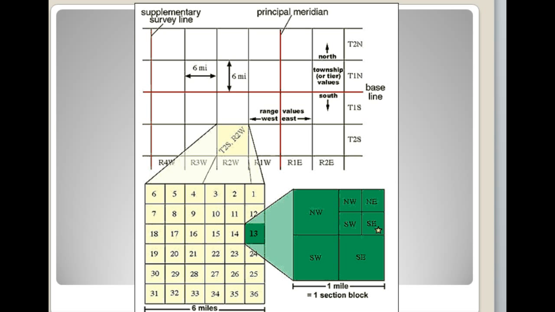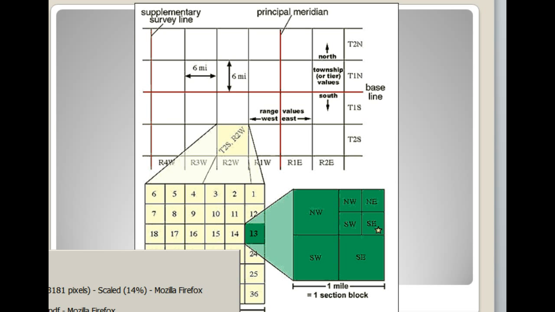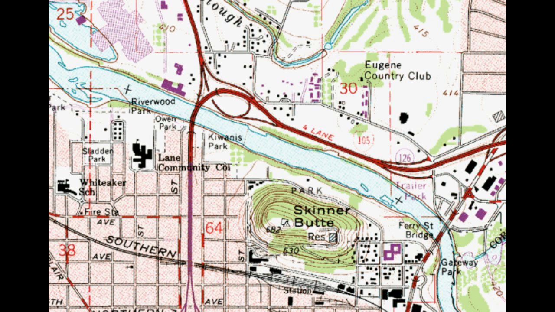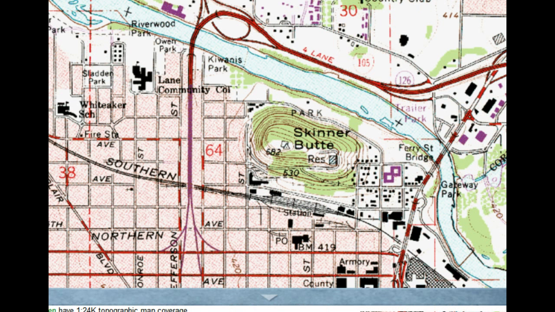So for instance, in Oregon, if we look at a topographic map of Eugene, for example, you can see the section numbers. So 30 would be a regular section number, 29 would be here, this next one should be 30.